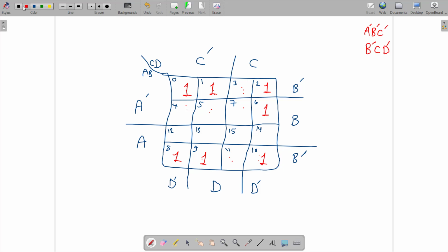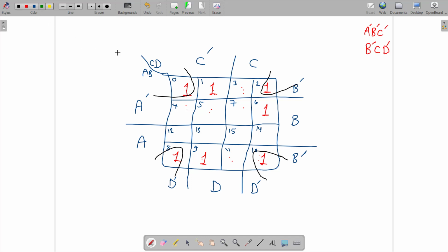If you look at here, all of these 4 corners are one group. Why? Because we said that horizontally and vertically all of these squares are neighbors with each other.